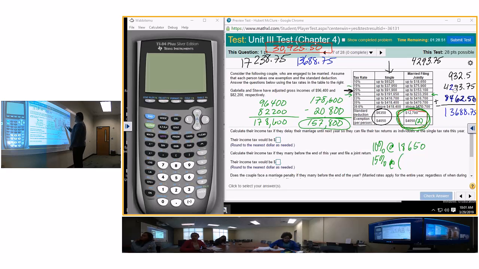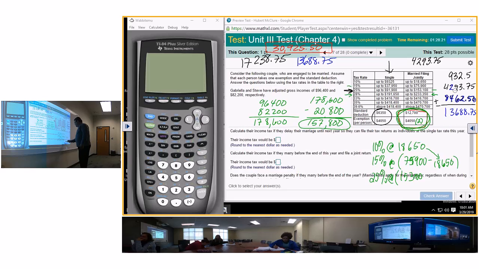We're going to take the 75,900, and subtract. Remember, this previous number always goes down here to the second, to the bottom right. 18,650, and then 25% at this right here, 153,100.